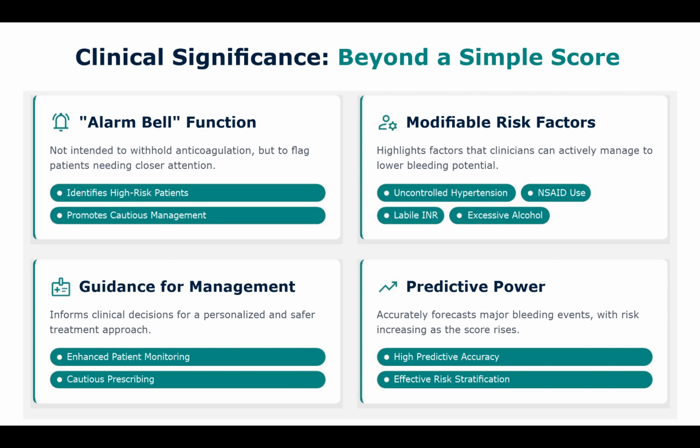Similarly, reviewing concomitant drug use like NSAIDs or addressing excessive alcohol consumption can mitigate risks. The score provides invaluable guidance for patient management, promoting closer monitoring and more cautious prescribing strategies. It consistently demonstrates strong predictive power for major bleeding events, with the risk escalating as the score increases.